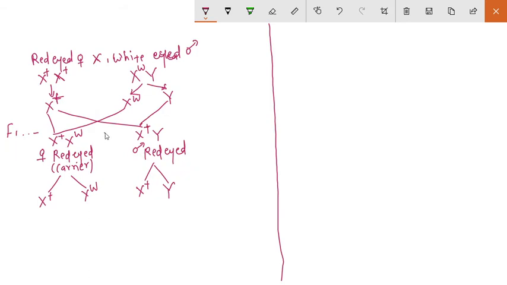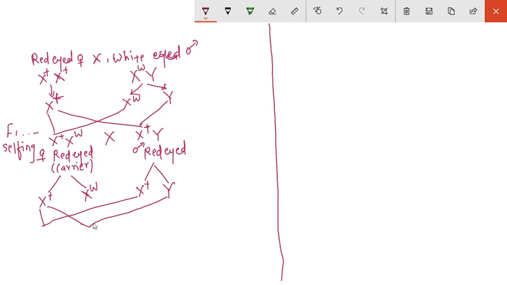When they are allowed to intercross, that is selfing or intercross, they produce gametes. This female produces X plus and X W, and here X plus and Y. When there is fertilization, it produces four different types of progeny.